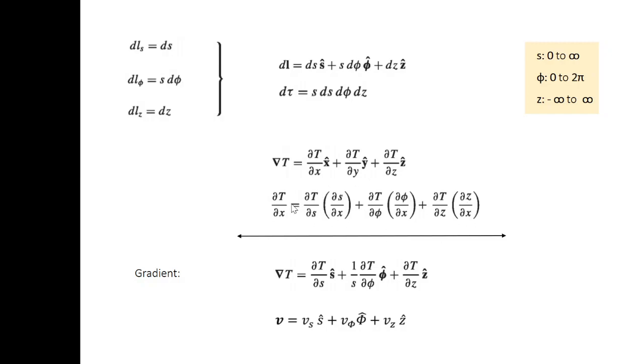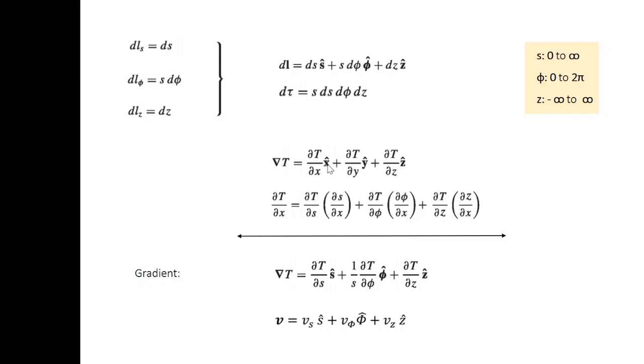Using the chain rule, you can expand dou T by dou x as dou T by dou s into dou s by dou x plus dou T by dou phi into dou phi by dou x plus dou T by dou z into dou z by dou x. So you know s, phi and z in terms of x, y, z. From that you can calculate these derivatives.